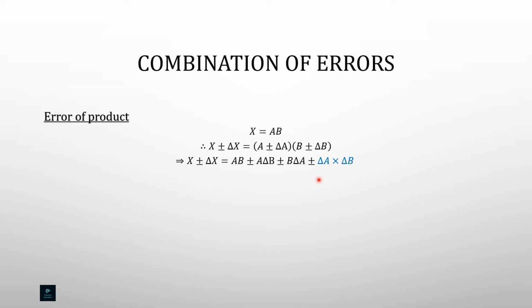Since delta A times delta B involves the product of two small quantities, it can be neglected.